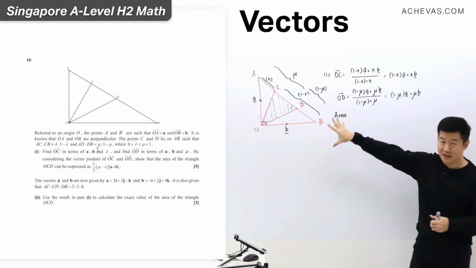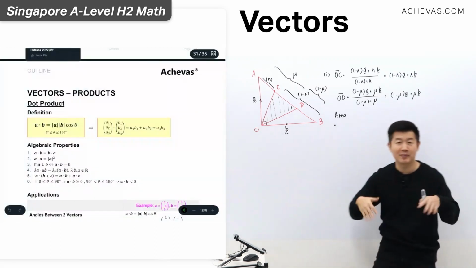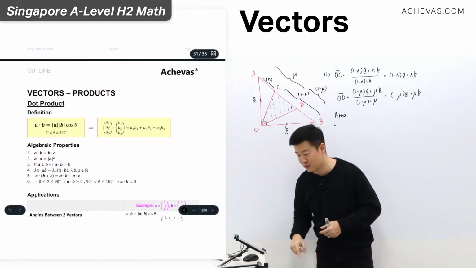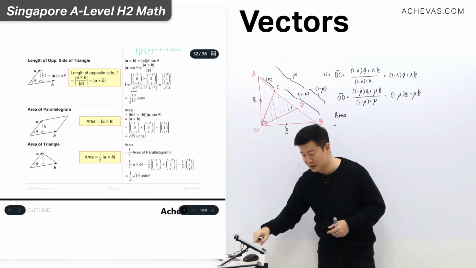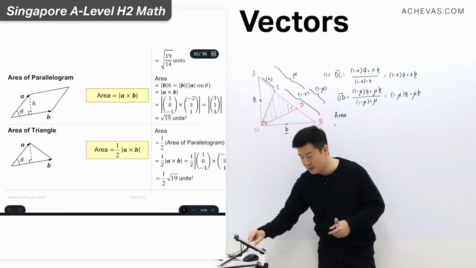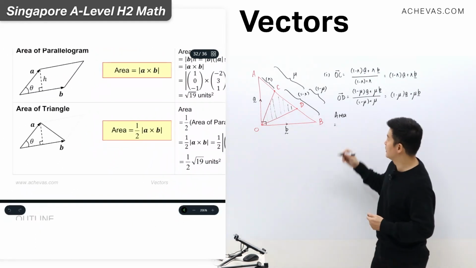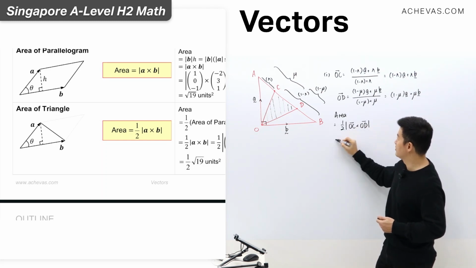After I have understood and interpreted the area as this, I can go into my theory and ask myself which part of the theory I can make use of to find the area of a triangle. It is easy also. Under cross product, we have the area of triangle. So I'm going to make use of this. This is going to be half of the modulus of OC cross OD. Super simple again.